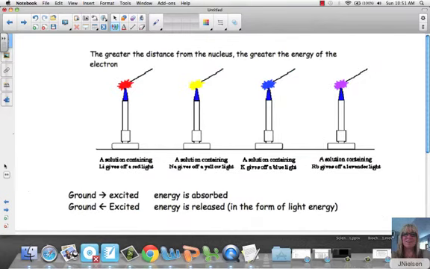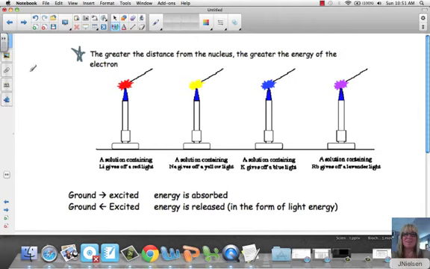Okay, so let's talk about energy now. This is really important, and you need to know this. They will test you on this. The greater the distance from the nucleus, the greater the energy of the electron.